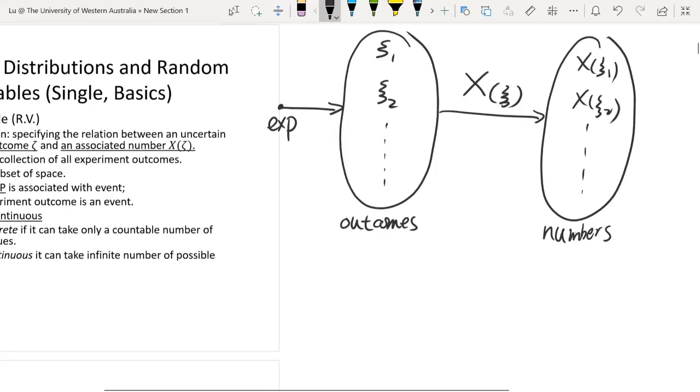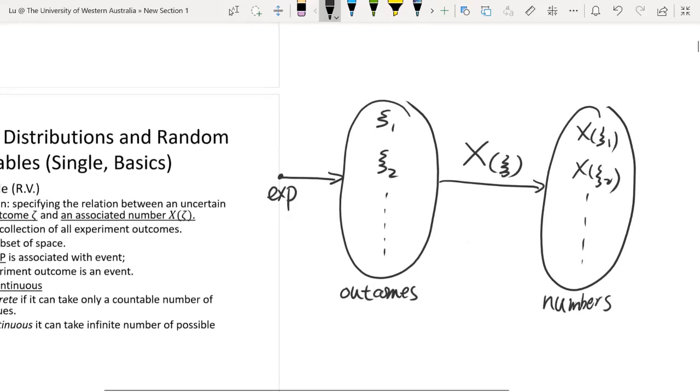These numbers are actually the function values associated with the input parameter zeta. In this graph, the random variable is this x function. So I'm writing RV as the short notation of the random variable.